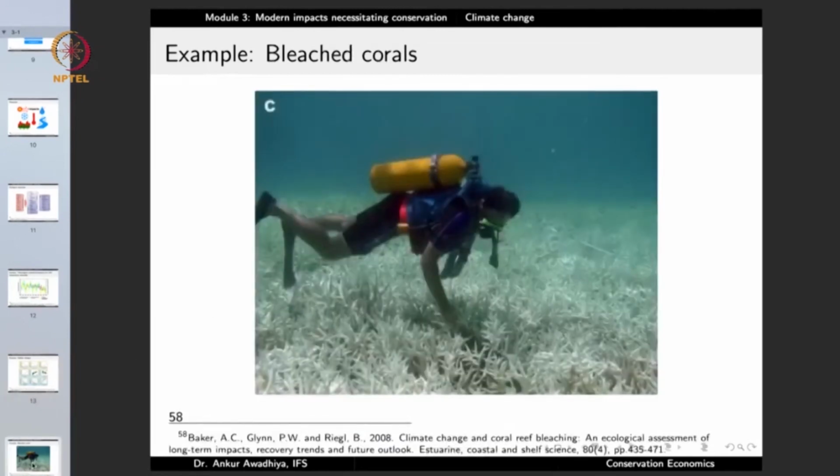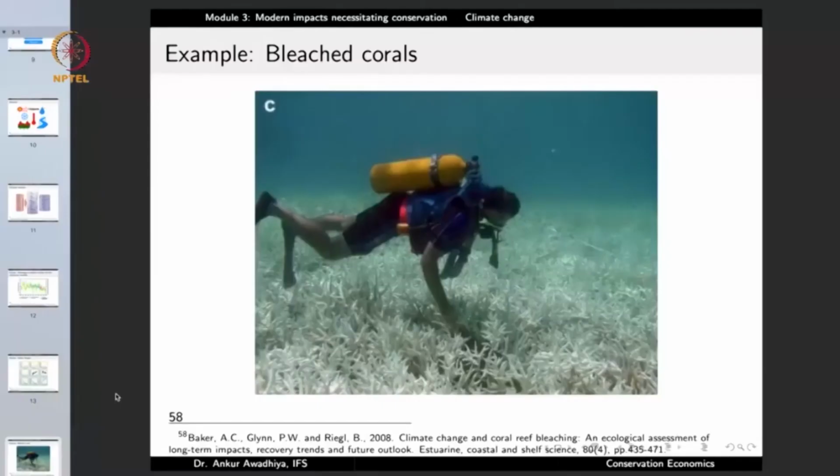We are observing bleaching of corals. Now, corals are very important species in a number of ecosystems because they provide shelter to a number of other species. They are the keystone species. Their importance is much greater than their numerical abundance. Now, because of changing climate, because of acidification of water, because of increased temperatures, and because of certain pathogens, the corals are dying out.